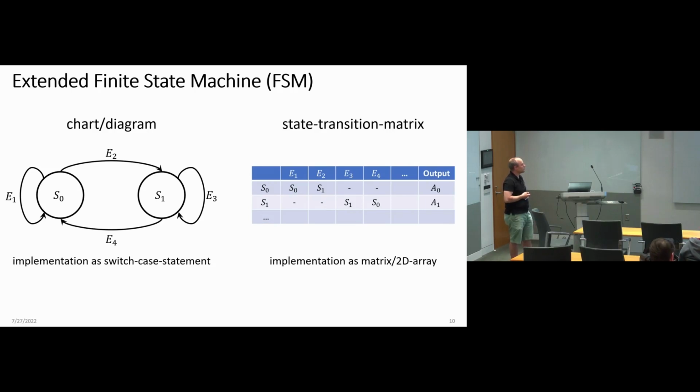So if we're in state S0 and we have E1, we stay in S0, making a transition to S0 again. Whereas if we are in S0 and we have E2 as an event, we make the transition to S1. That's also how most real-time state machine approaches are implemented.